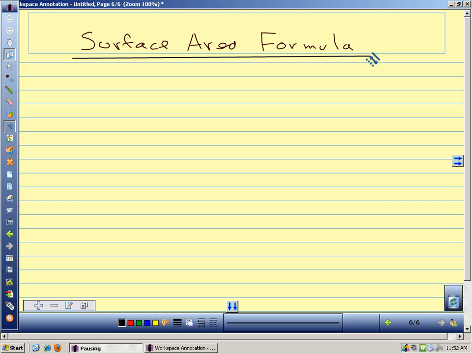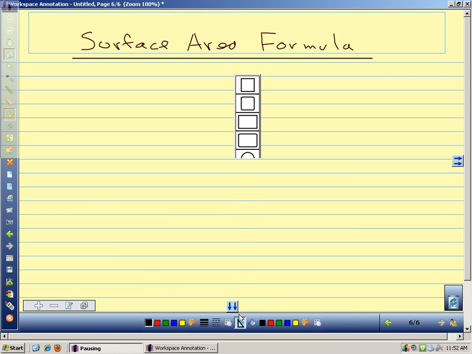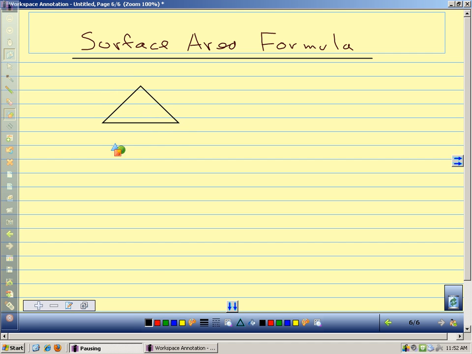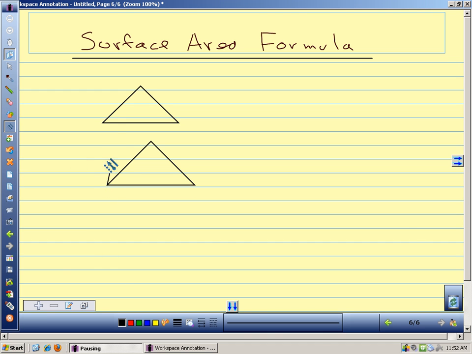And part of this, you guys have done some of this before. So let me draw a prism like the first one we used. So we have a triangle here and a triangle here, and we're going to say this is a right prism, even though it might not look like it.